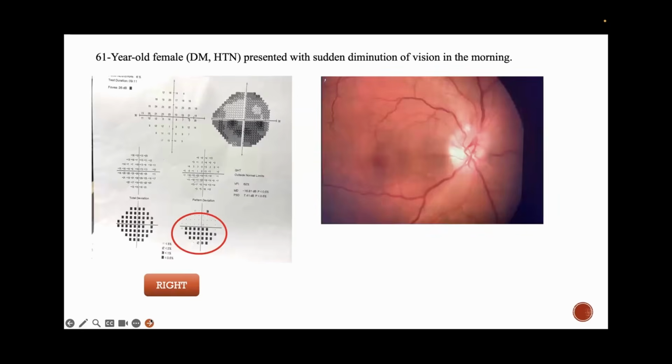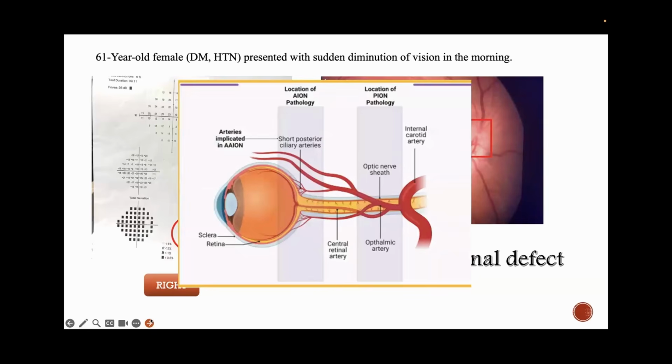Look at the disc, the opposite pole. If the inferior part of the visual field was lost, there was a superior hyperemia and superior disc edema. This is a very common case, an inferior altitudinal defect caused by non-arthritic ischemic optic neuropathy, NAION, which we call.